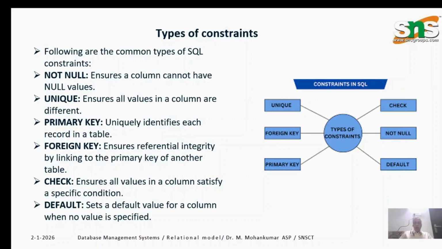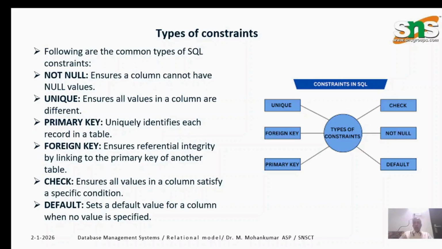To identify which student selected which course, we have to use the primary key, because the course needs to be uniquely identified and the student also needs to be uniquely identified. So the primary key is one of the major constraints.